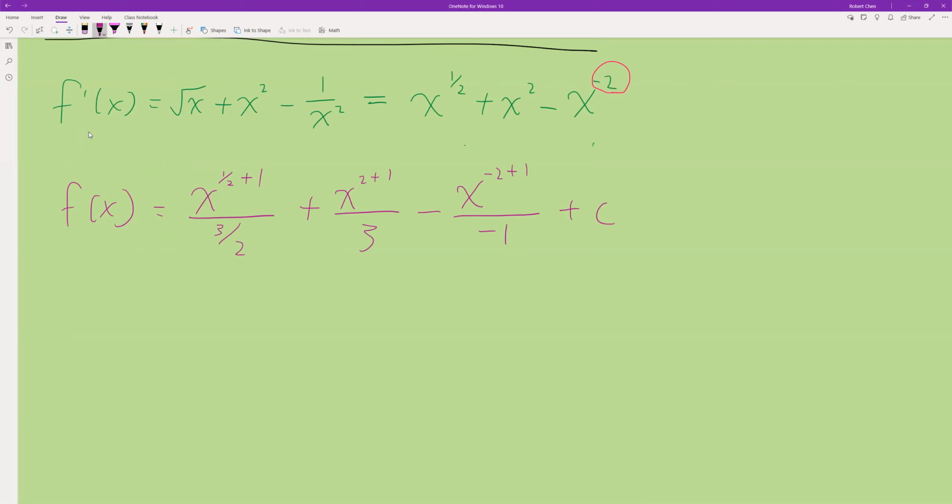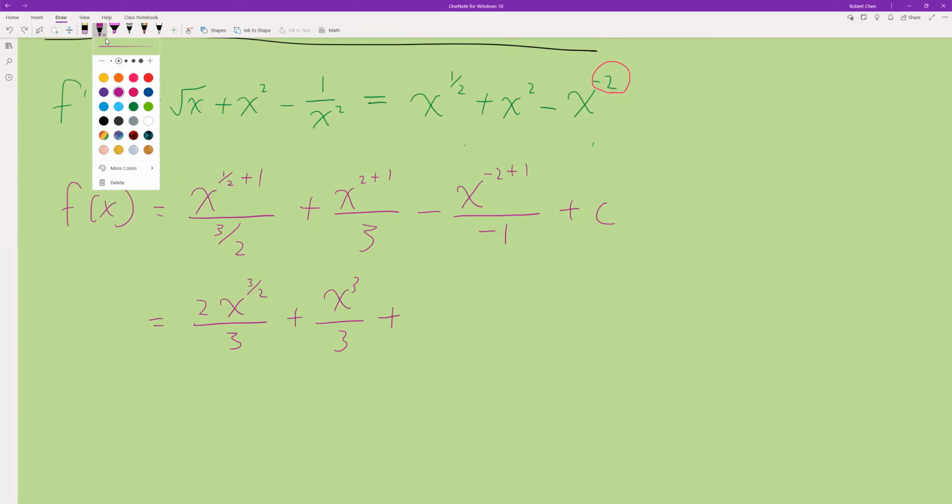All right, so let's go ahead and clear this up a little bit. The first one, I get 2x to the power of 3/2 over 3, plus x to the third power over 3, plus, right, the -1 in the denominator and the negative sign in the front give you a plus sign.